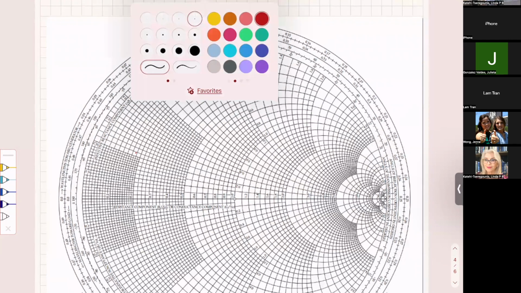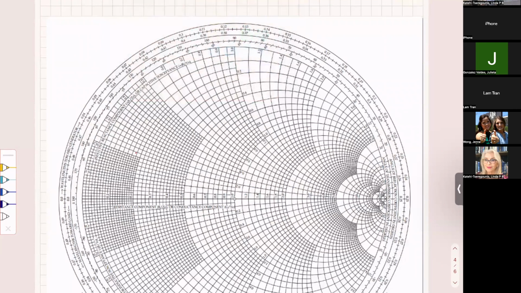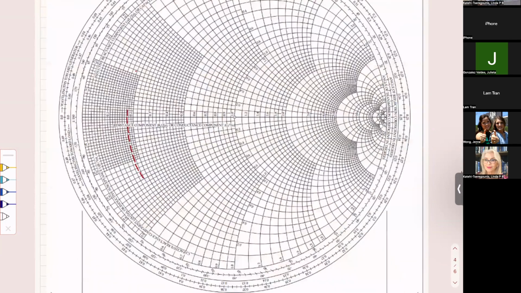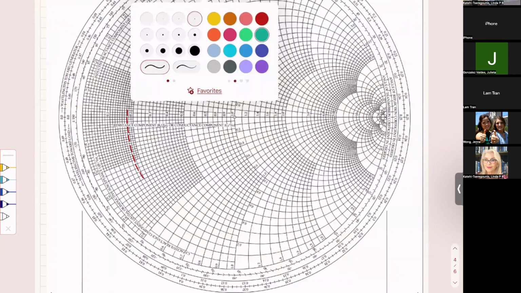And the resistive circle, 0.1, 2, 3, 4, 5, 6, 7. I don't write the whole circle. And then it's 0.22 down here. See?